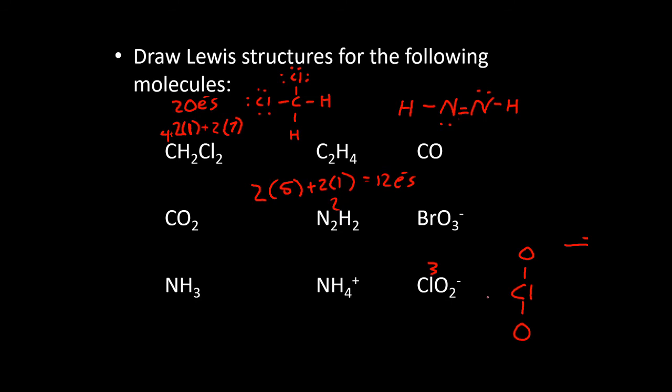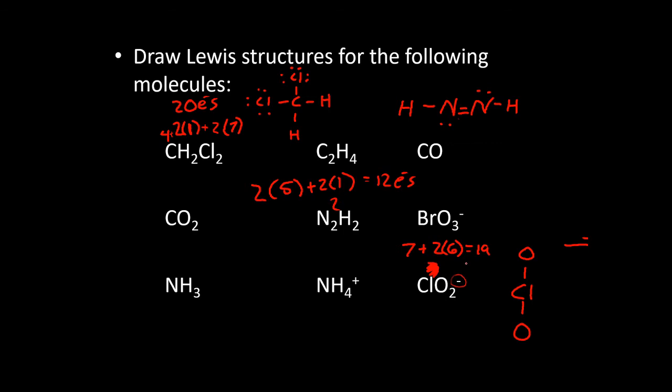Now we need to add up our total valence electrons. So we have 7 from the chlorine because it's in column 17. And then we have 2 oxygens, both of them with 6 valence electrons, which is going to give us 19, but it's negatively charged.